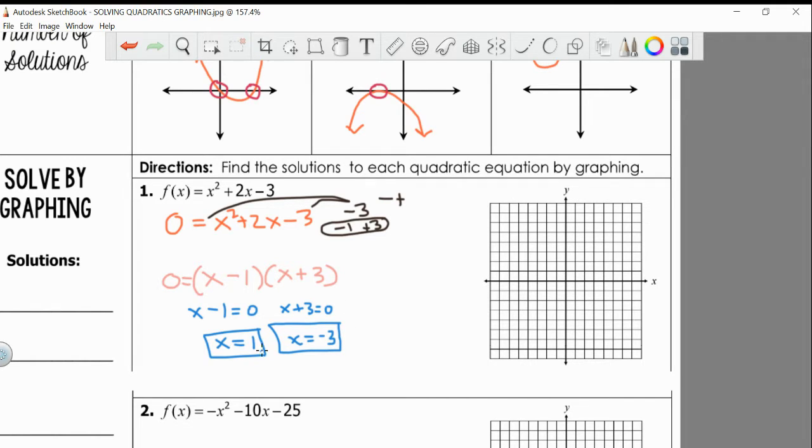That means my U will cross at 1 and will cross at negative 3. My U is going to cross right here at 1, and my U is also going to cross right here at negative 3. Those are my two x-intercepts.